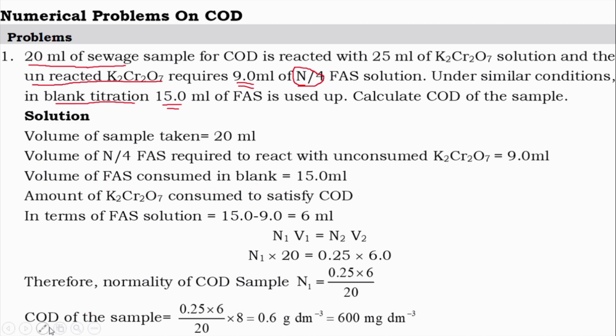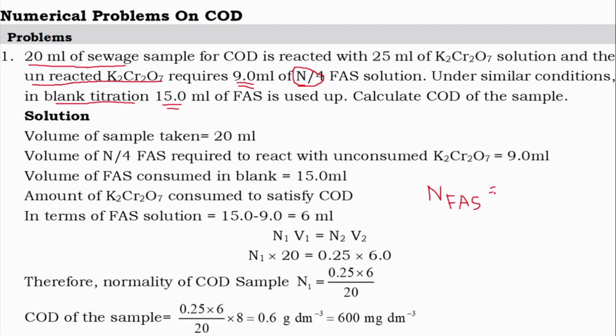And apart from that, we need one more thing to solve the problem, that is the strength of the FAS. The normality of FAS is given in the problem as N/4.